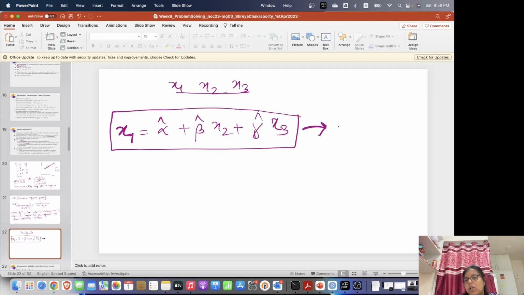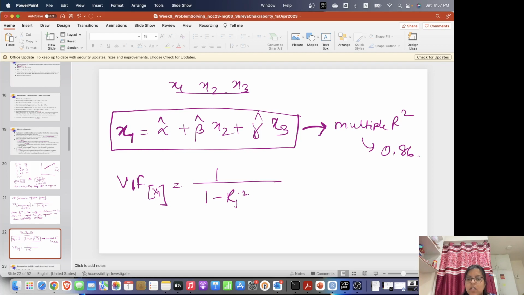From this regression equation we would get the multiple r square. Let's say that r square value is quite high, 0.86. Then the VIF associated with x1 is 1 by 1 minus rj square, so it will be 1 by 1 minus 0.86. How much will it be?